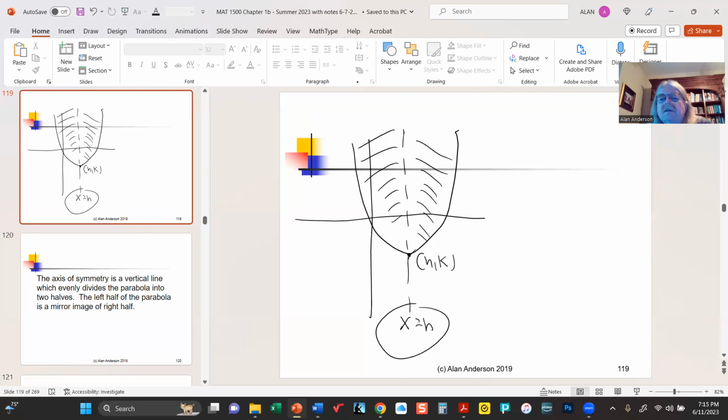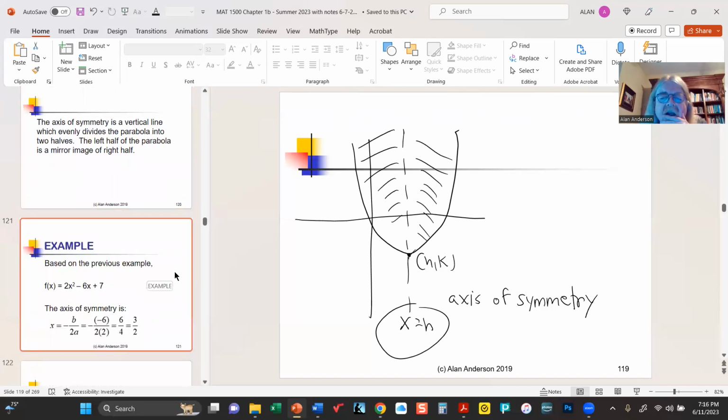It's that simple. In other words, a vertical line has an equation x equals some constant or other. That constant is the x coordinate of the vertex. So this is my axis of symmetry. This vertical line cuts through the vertex. Okay, so that's easy. Once you have the vertex, it's simple to find the axis of symmetry. So like in this case, the axis of symmetry would just be x equals 3/2.